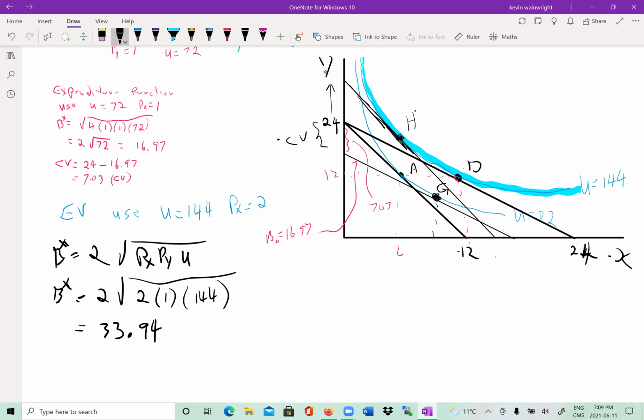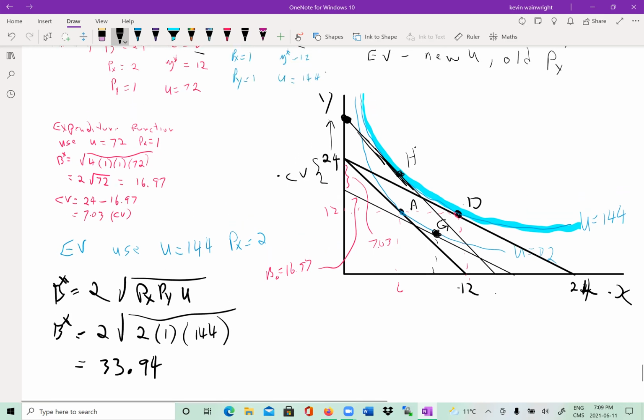That's how much budget I need to get to the higher indifference curve, but when the price of X is $2 instead of $1.